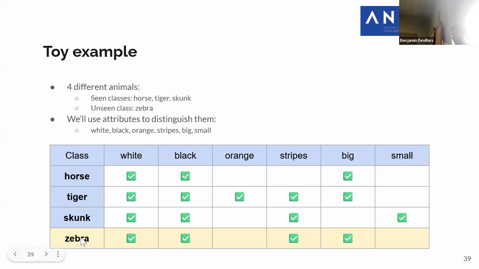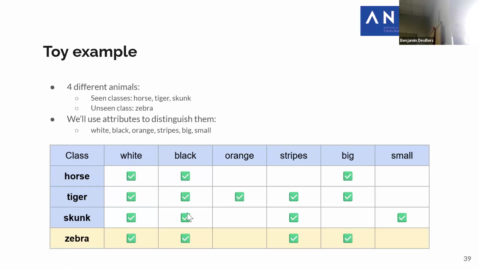And if I add a zebra, I won't be able to use that information to know if it's a zebra or not. Because if everything is white, I will not learn what white is, just that it's always white. And so I won't be able to use that to classify my new class, which I haven't seen.